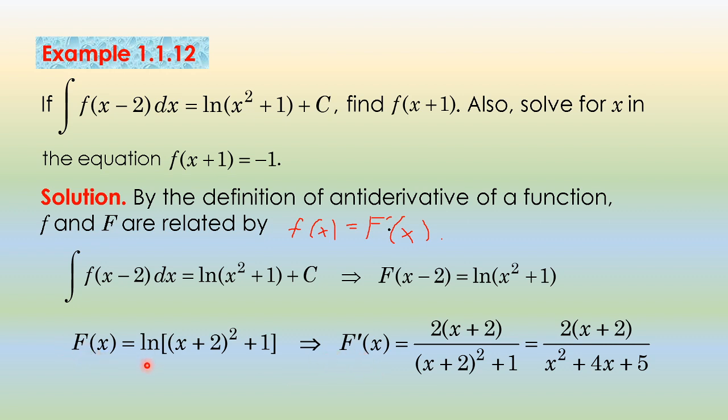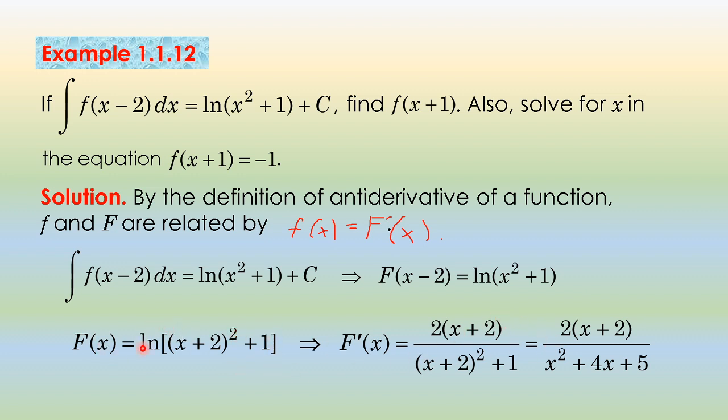The derivative of big F of x is equal to the derivative of the expression inside. So that is 2 times x plus 2 quantity to the first using the general power formula. So drop the exponent, copy the base, subtract 1 from the exponent, giving 1.